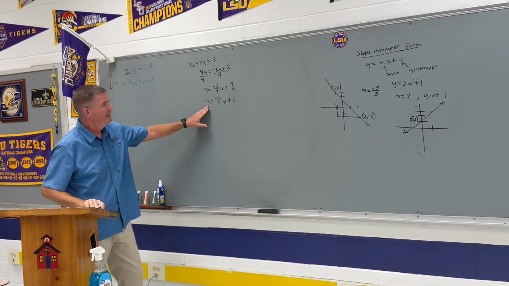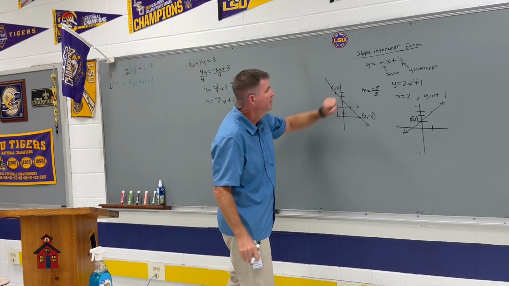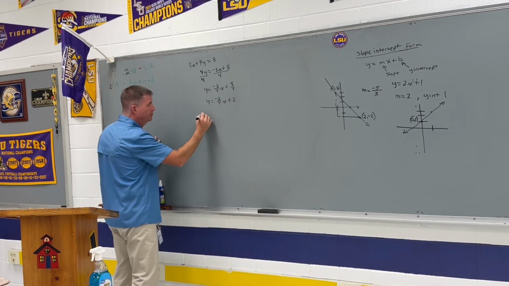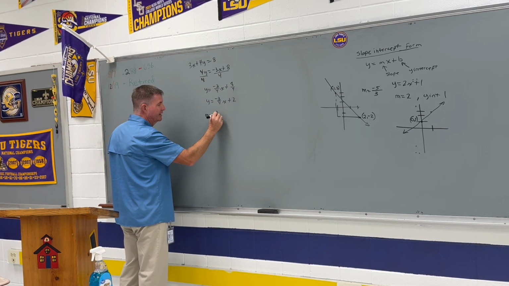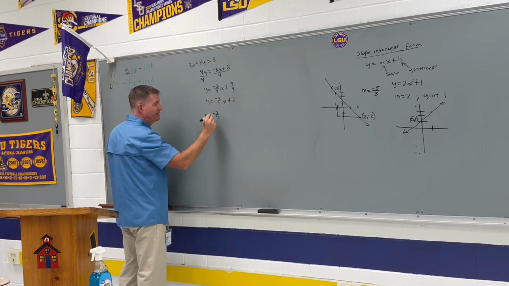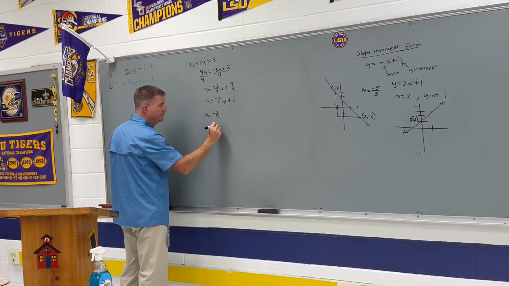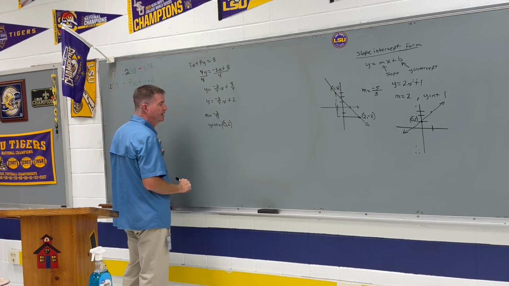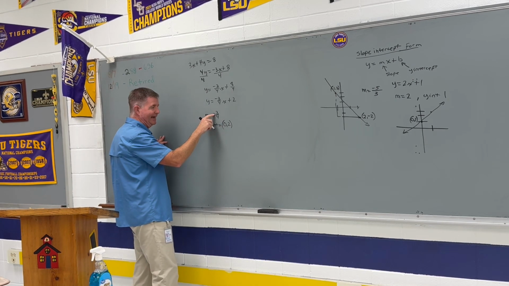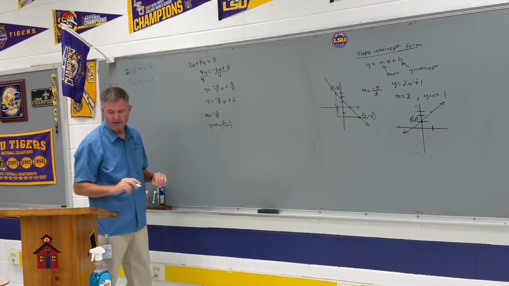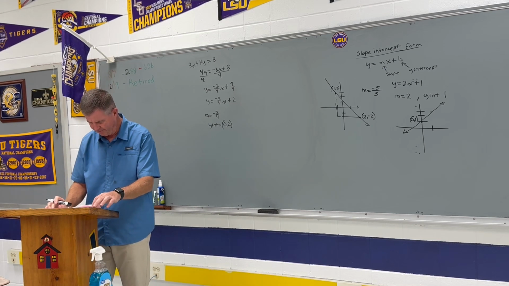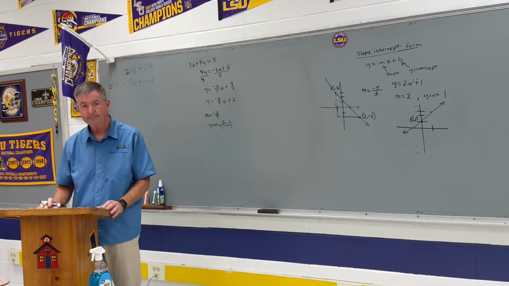And now we have it in slope-intercept form, so now we can list its slope. Slope is negative 3/4, and we can list its y-intercept, which is (0, 2), because it's the ordered pair. And remember, this means it goes down 3 for every 4 that it goes across.